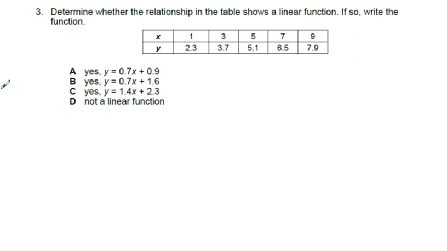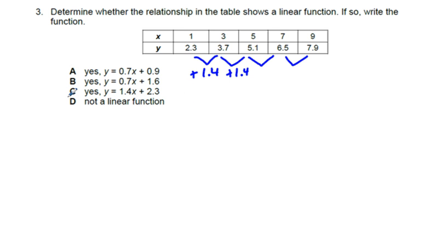Determine whether the relationship in the table shows a linear function. If so, write the function. Well, we're going up here by 1.4 between these different amounts.